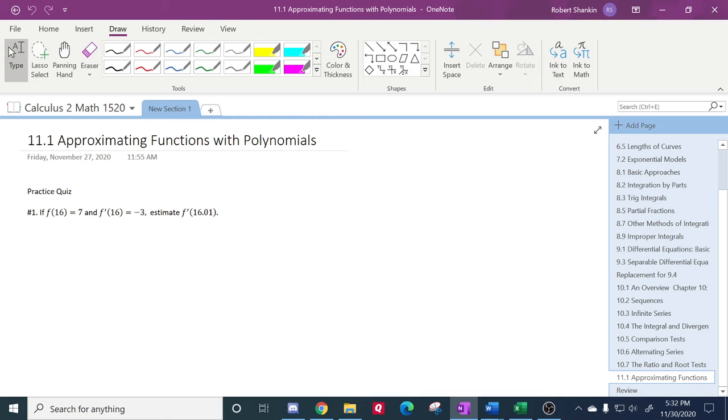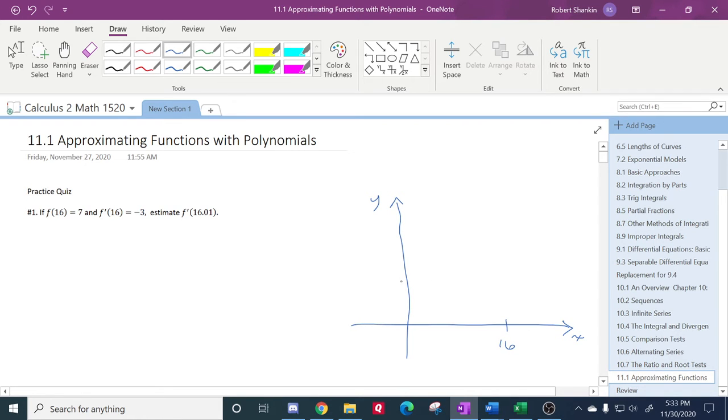Okay, 1 more minute on this. Okay, so X and Y axis, the input is 16, the output is 7.